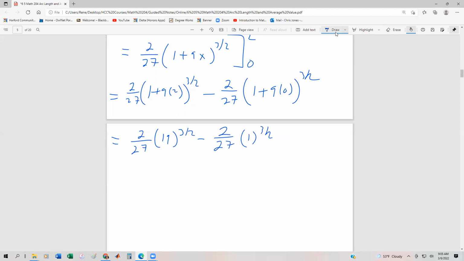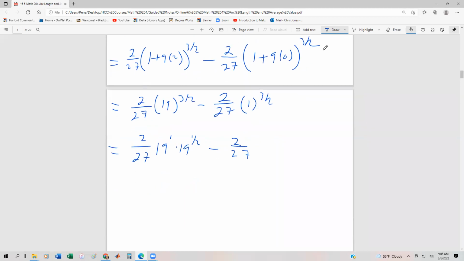Now, there are a lot of different ways to write this. We could split up 19 to the 3 halves into 19 to the first times 19 to the 1/2, since when we add those exponents together, that gives us 3 halves. And then this is just going to be our 2/27ths, because 1 times 1 to the 3/2 is 1.